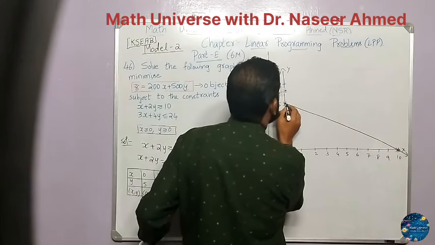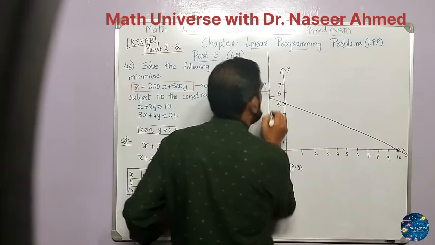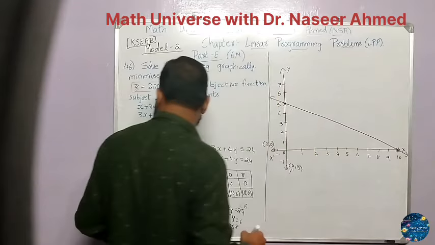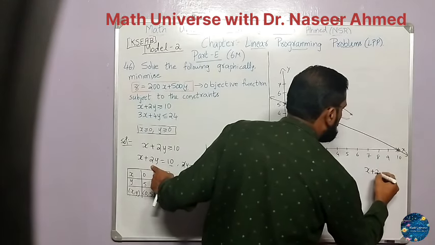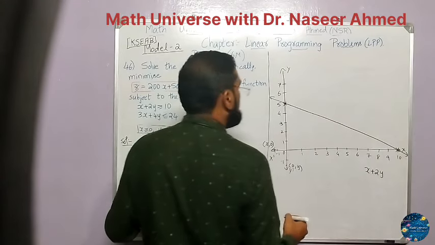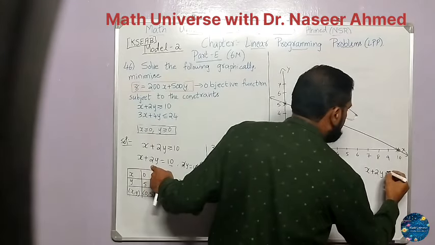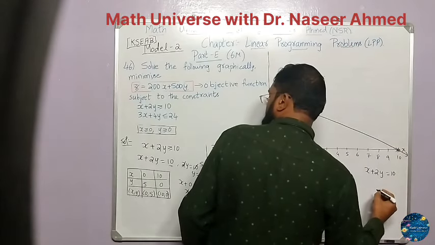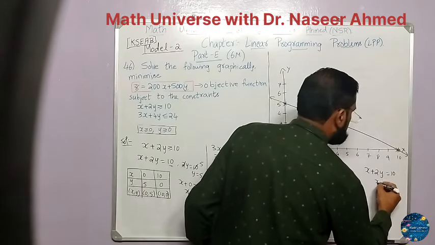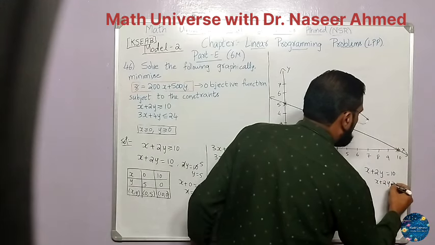And as I said, always try to extend beyond the first quadrant. For this, the equality is x plus 2y is equal to 10, and the inequality is x plus 2y more than or equal to 10.